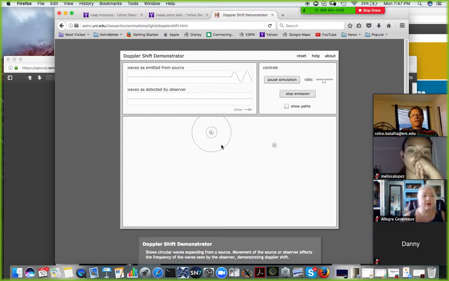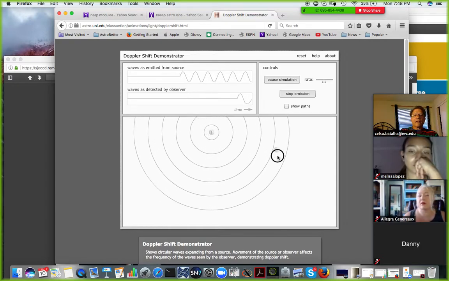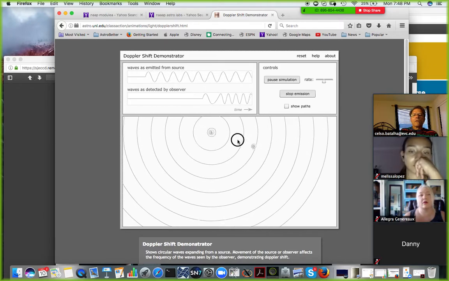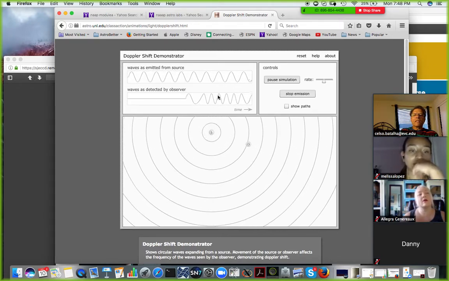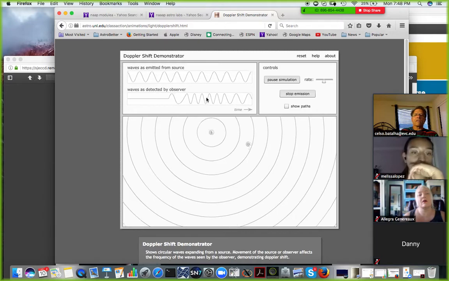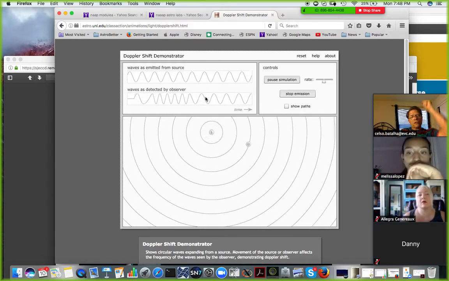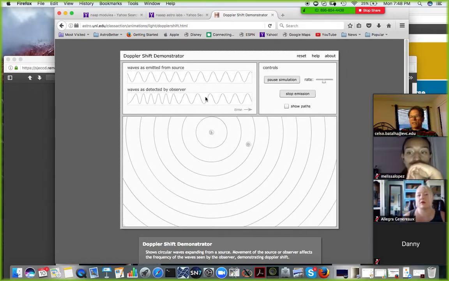Let's say you have a source that is producing a certain type of radiation or light, and then an observer like us moves towards that source. Look what happens with the wavelength, with the distance between the crests of these waves. It becomes shorter. So the frequency increases, the pitch goes up if you are talking about sound waves.